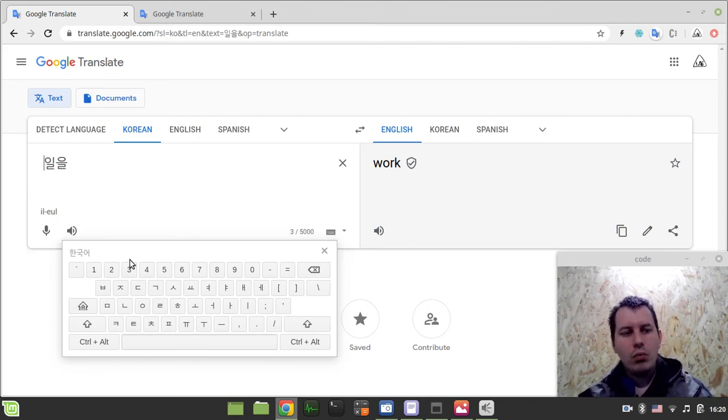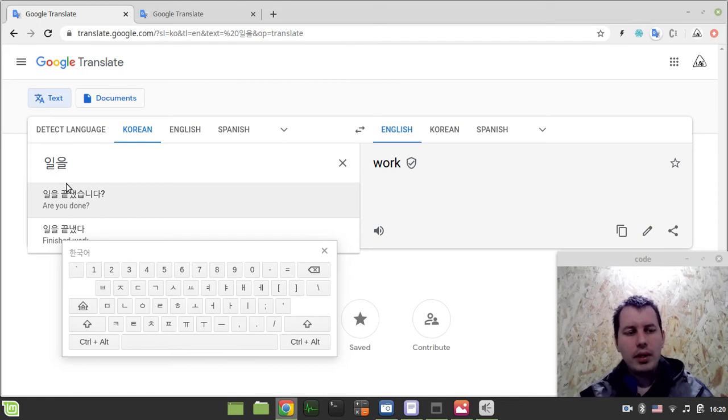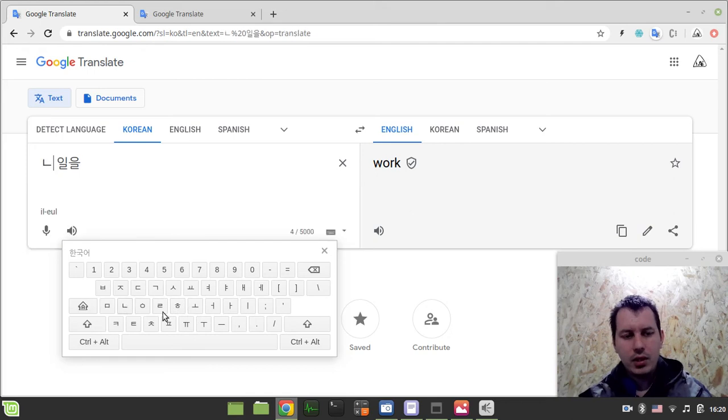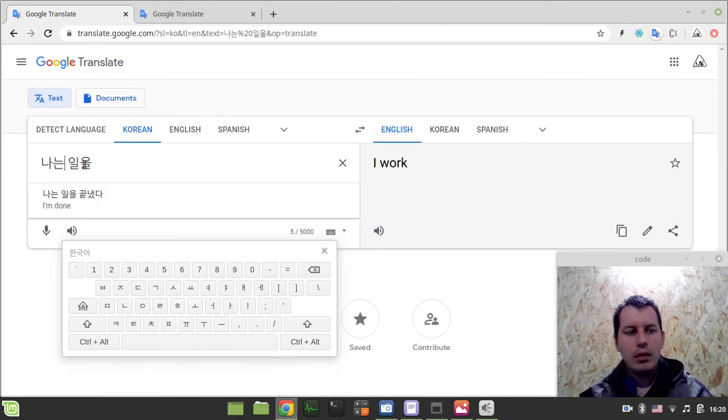So now what we can do as well, we can say nanen. Let's keep the informal form. So let's say nanen. So this is the object, nanen ilil, right?